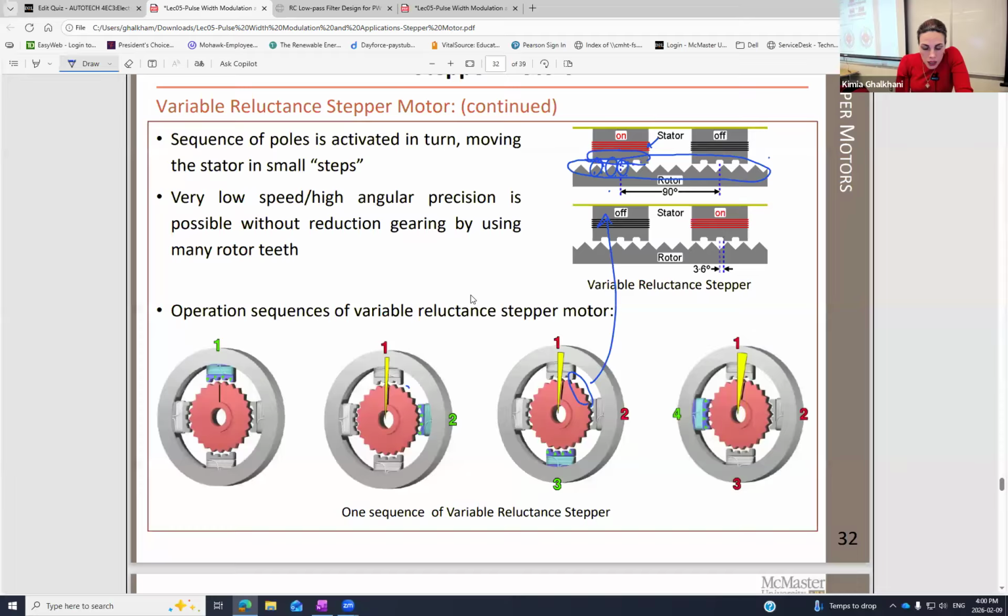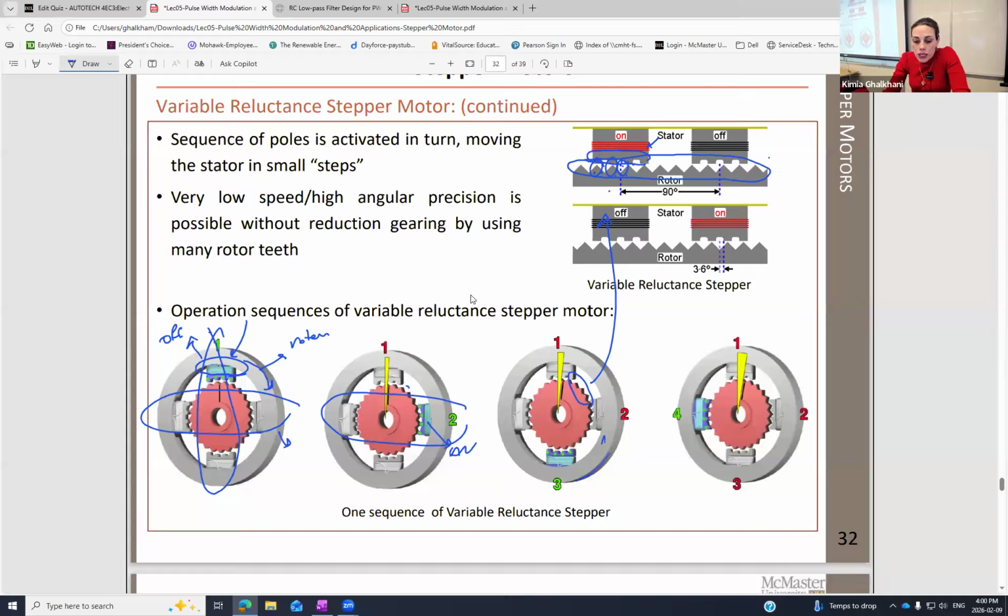So, now look at this one. This is the sequence. If I start from here, this is my coil. This part is the rotor. Suppose you start from here, and now this pole is energized. Next, when this is moving in the clockwise direction, this pole will go off and this one will energize, which is going to be here. Now this one is on, and so on.